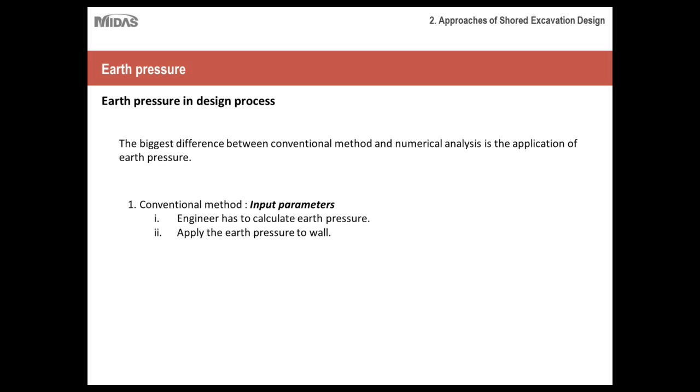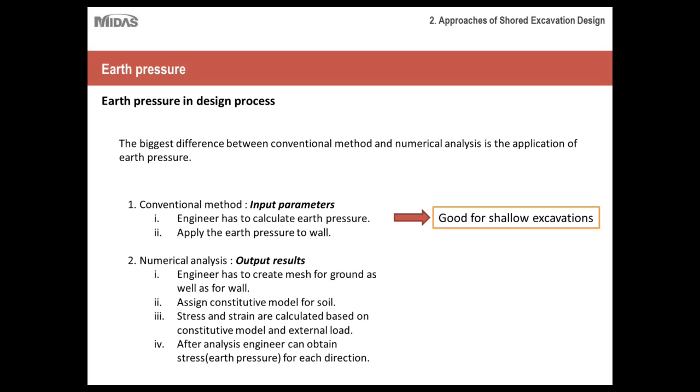Engineer has to calculate the earth pressure depending upon the formula you just saw in the previous slide, and then apply that earth pressure to the wall, and we are basically doing the structural stability design of the supporting system based on that earth pressure. This method has been used very extensively and for a really long time, and it works brilliantly, like I said, for shallow foundations or shallow excavations.